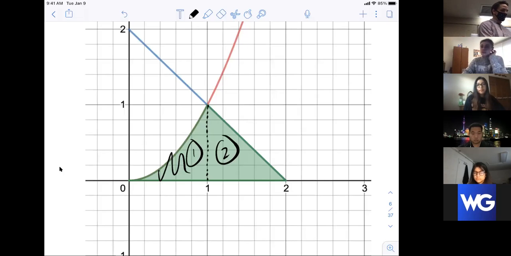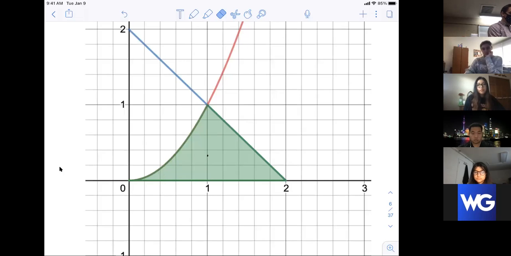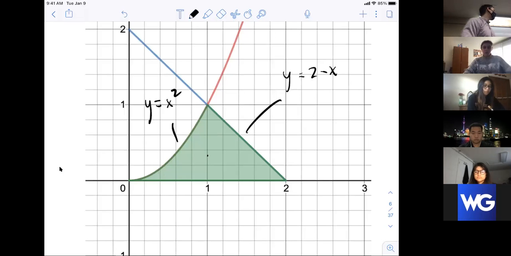This region here has a right curve, this blue curve, which is y equals 2 minus x, and a left curve, which is y equals x squared. Okay, this region, it seems much more natural to think of it in terms of right minus left instead of top minus bottom. Okay, and whenever you always want to take the most natural approach to solving a problem if you're able to.